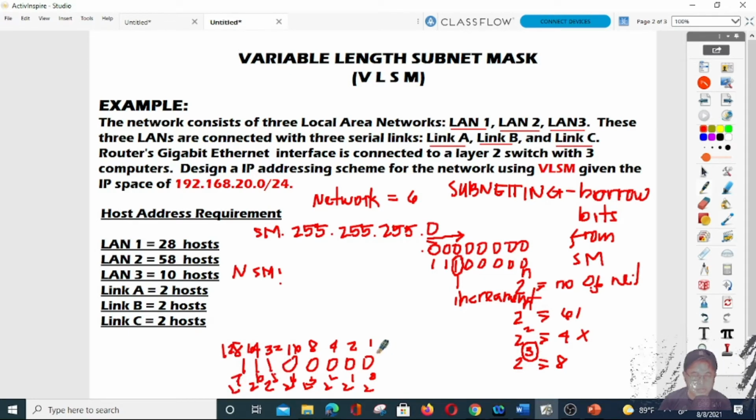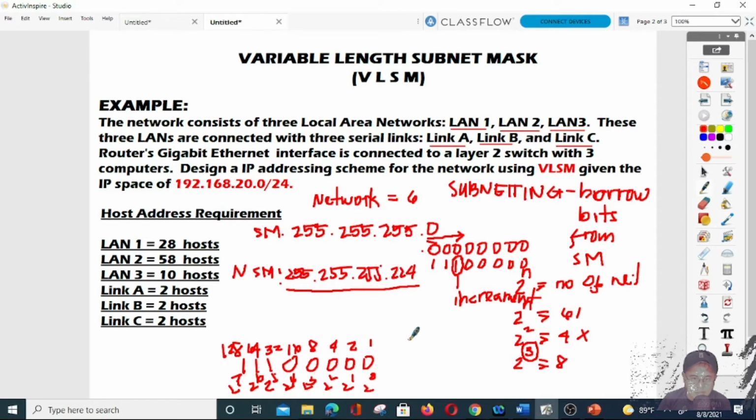So in this case, this is 111. We need to add the value of 128, 64, 32. So therefore, the new subnet mask will be 255.255.255, and if you add 128 plus 64 is 192 plus 32 is equal to 224. So this will be our new subnet mask.